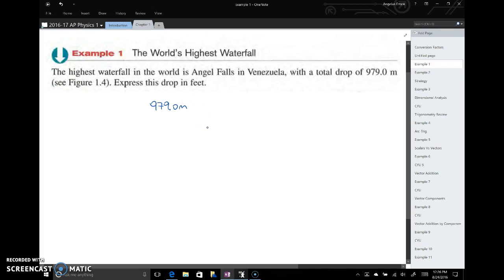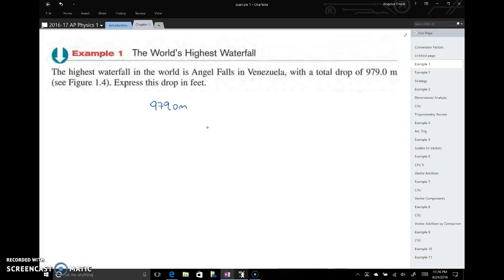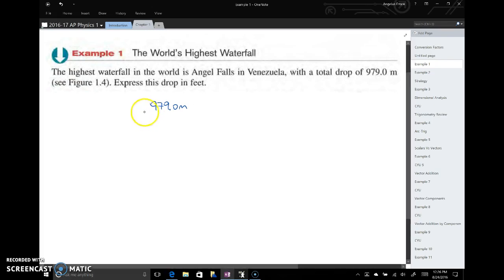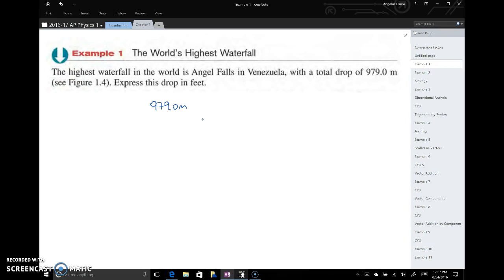There's a note on my website about sig figs in the AP test. You'll notice that I don't follow sig figs very strictly. You won't be graded on sig figs unless you make a very erroneous or a very large mistake. So read that note on my website in case you have a question about sig figs and should you be rounding or not, that kind of thing.